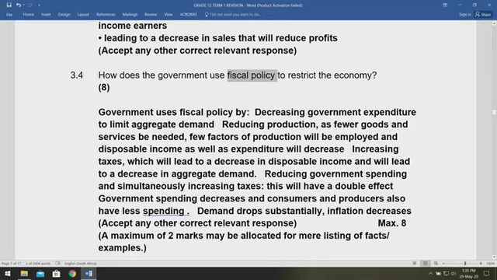And then you're talking about restricting the economy. So they are wanting to decrease the spending that's taking place in the economy, right? They want to restrict things that are happening. Okay, so in order to answer this question once again, we said our two items of the fiscal policy are government spending and taxation.